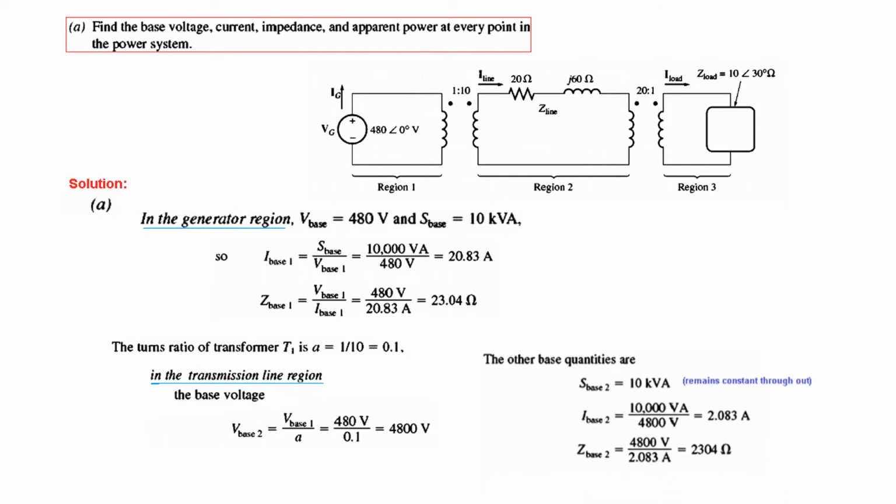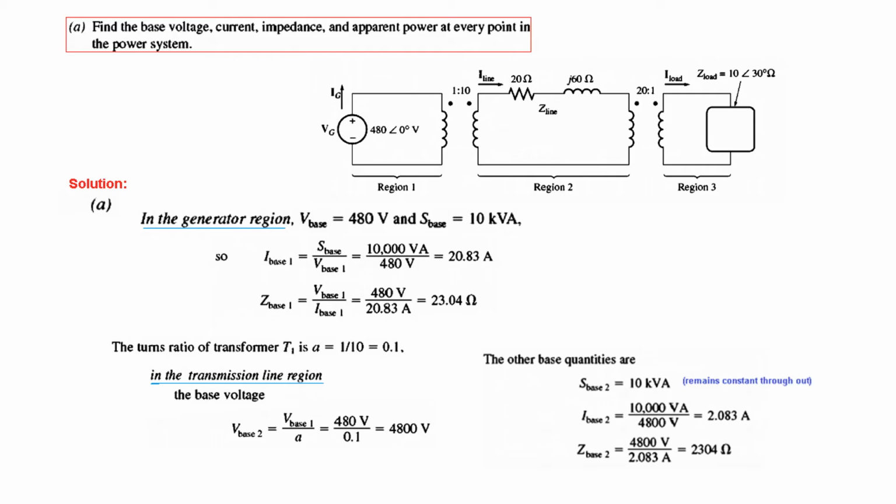Now base voltage we know, the other quantities, power remains same throughout the circuit, the power does not change, so S base 2 will be 10 kVA, and from here now we can find I base as we did here, same formula, and also we can find Z base, same formula, V base over I base.